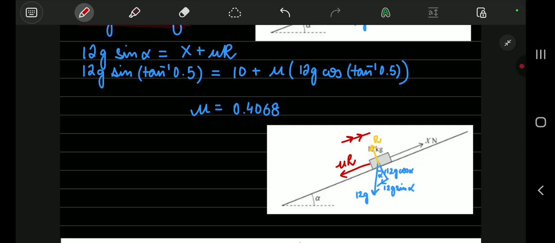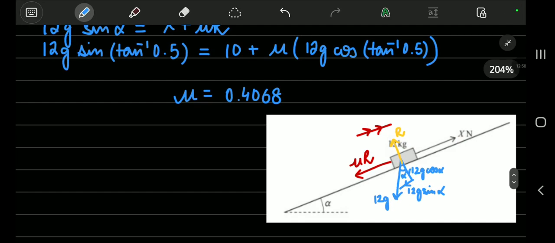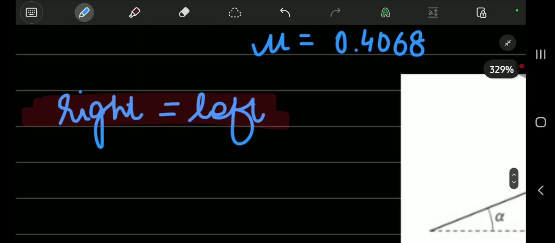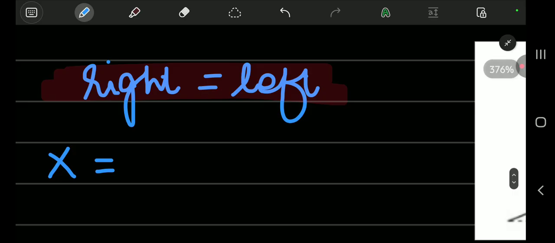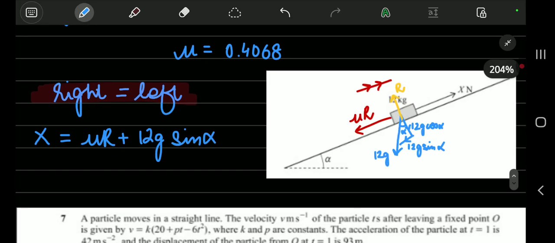Now we apply right equals left. So the rightward force is now only x and left is mu r plus 12g sine alpha. Yes, 12g sine alpha plus mu r.